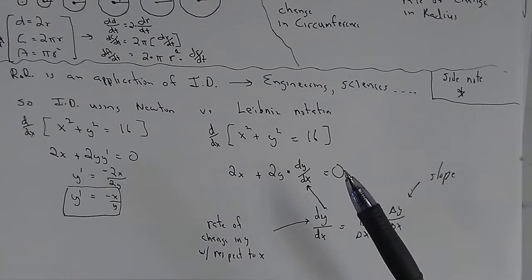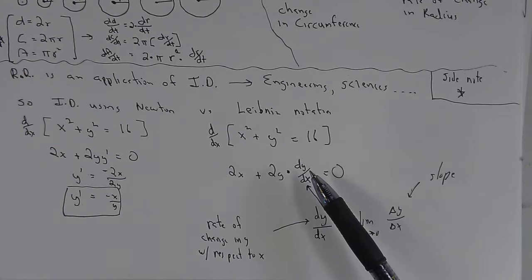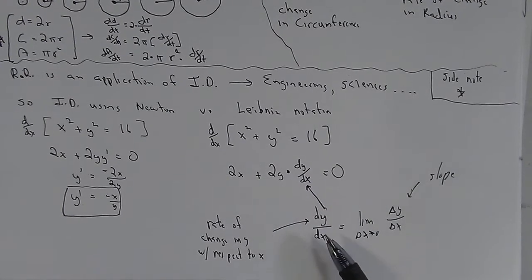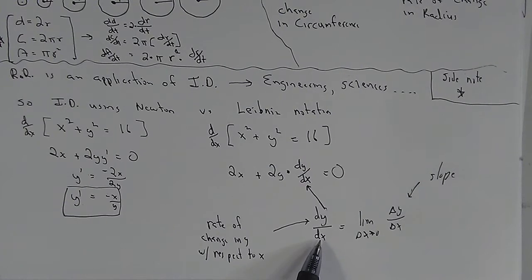Do the same thing using Leibniz notation. Now Leibniz uses dy/dx for the derivative. And that comes from the fact that the slope of the tangent line is defined using a limit.